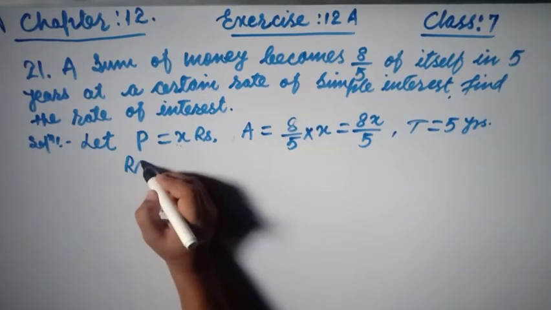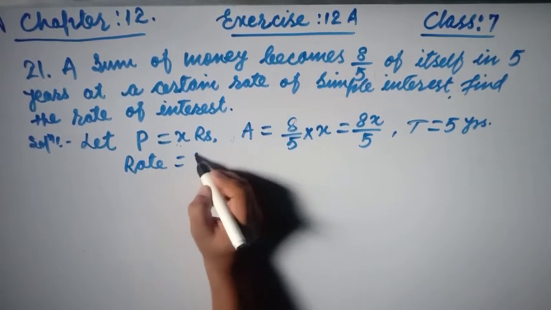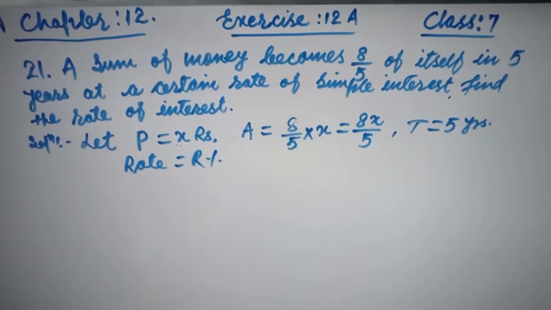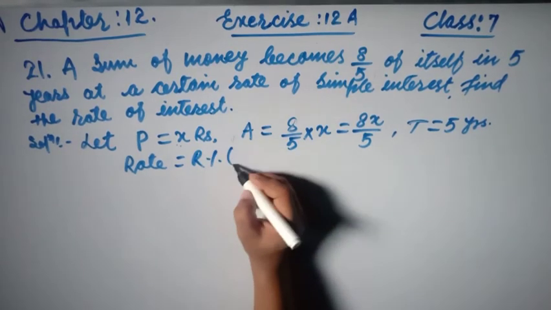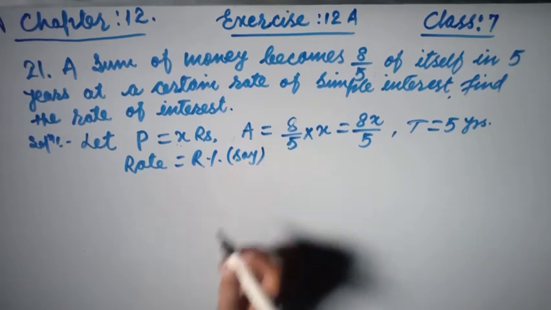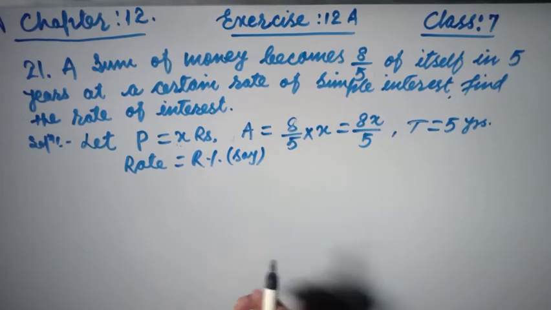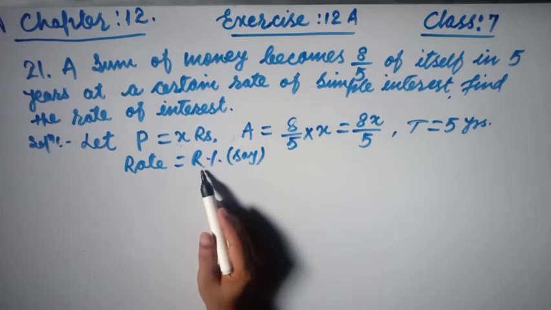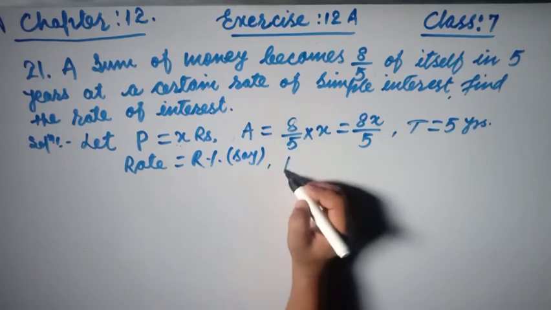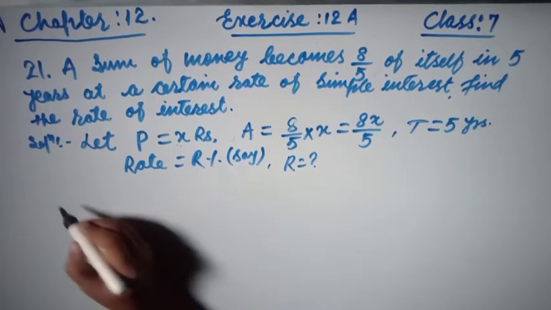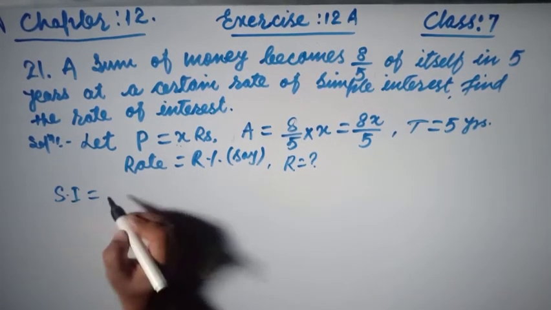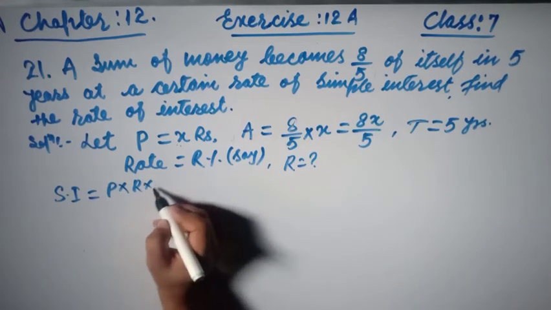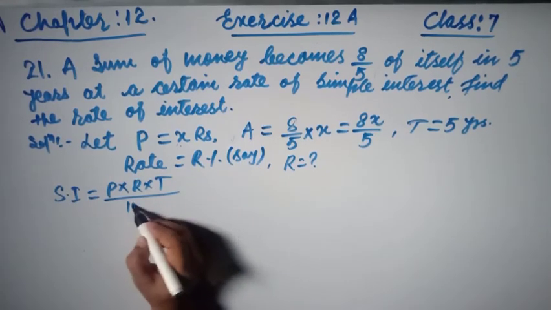And suppose the rate is equal to R percent. We have to find the rate of interest R. That means we have to find what R is equal to. Now from the formula, friends, SI is equal to P into R into T divided by 100.